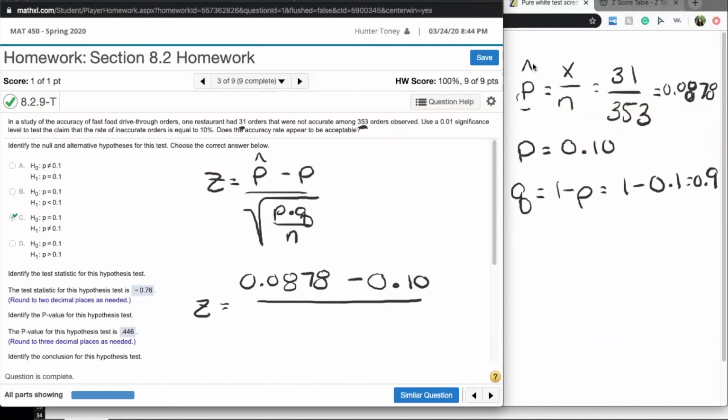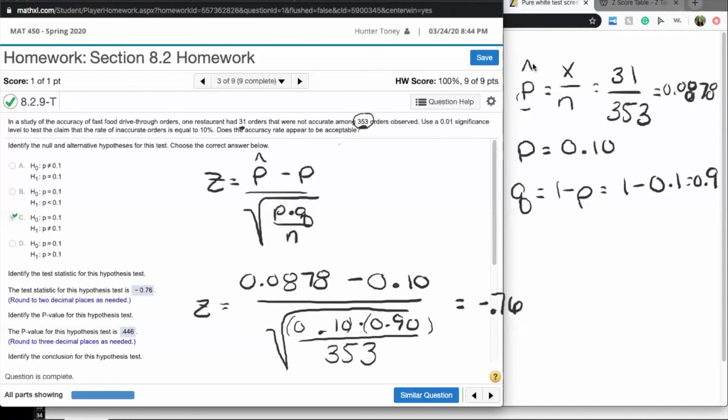And that's all over our p times q, so 0.10 times 0.90, I'll just put parentheses for now, divided by n, which was the total number of orders, which was 353. Once you do all of that out, our z-score would be negative 0.76.